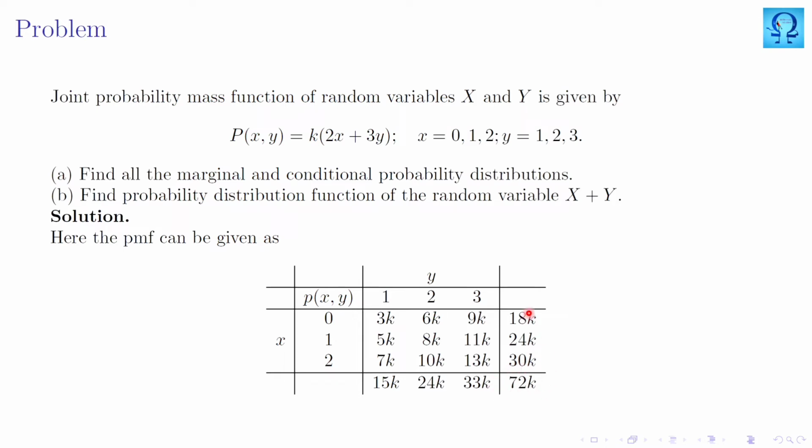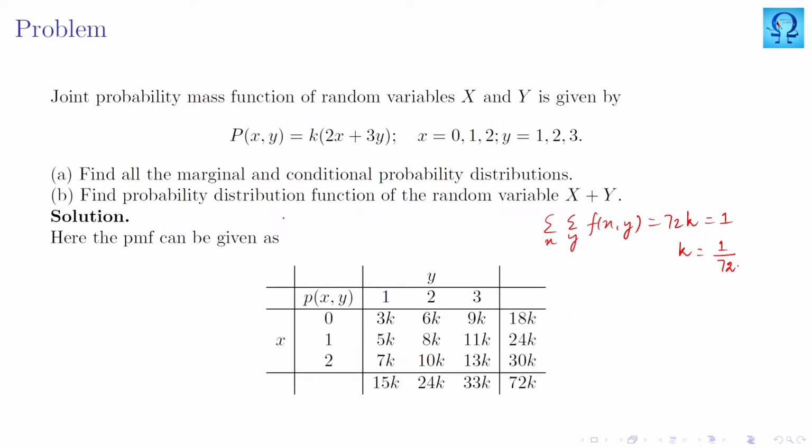This is the total, be it column wise or row wise. So what we get here is the summation under x, summation under y of f of x y is 72k, which is 1. Therefore k should be 1 upon 72.